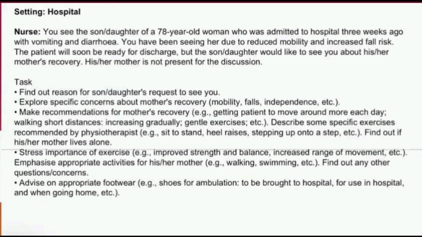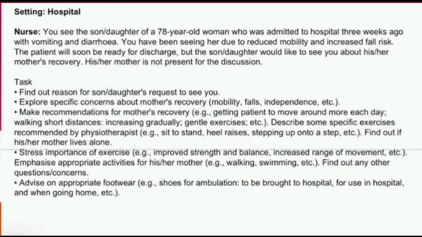And another one is stepping up onto a step. So like this, you have to help your mother do these short exercises. Okay, and don't worry, the physiotherapists will visit you soon and explain it in a better way. So are you clear with this?